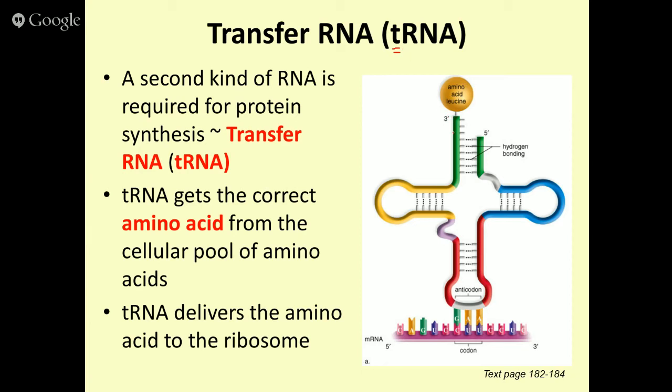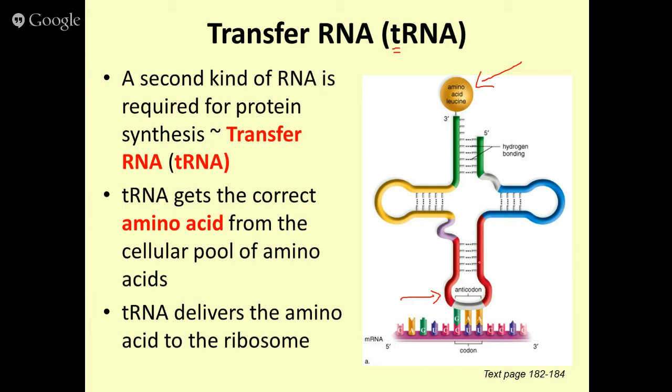And you can see the structure of the transfer RNA. It kind of looks like a cross. On one end, you've got your amino acid attached to one end of your transfer RNA, and at the other end, you have this very specific structure called the anti-codon. So we know that on our messenger RNA, we have a codon, a trio of nucleotide bases that codes for a specific amino acid.